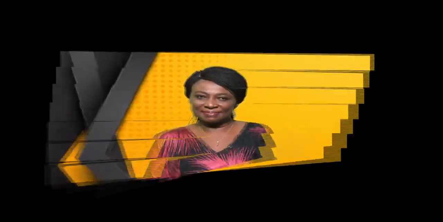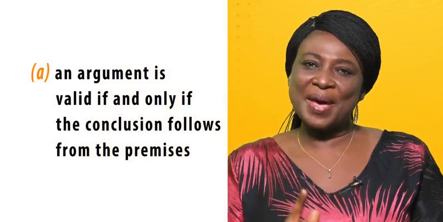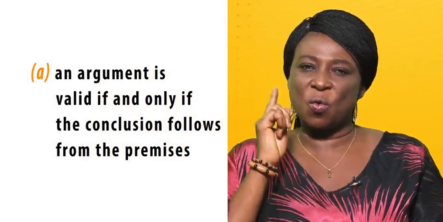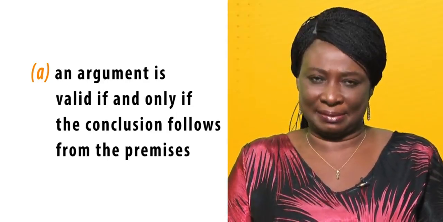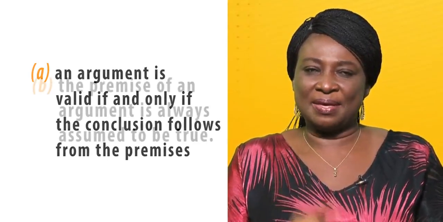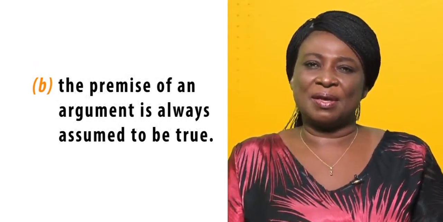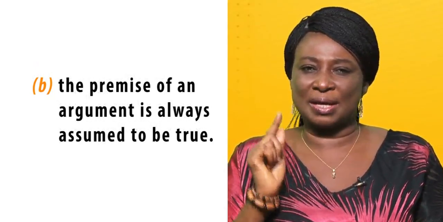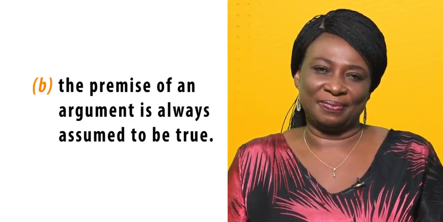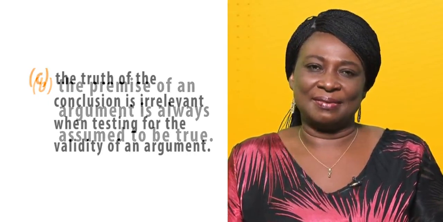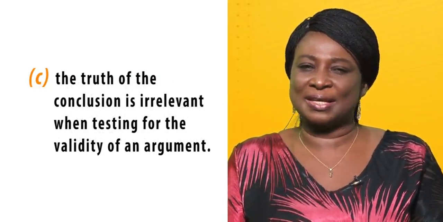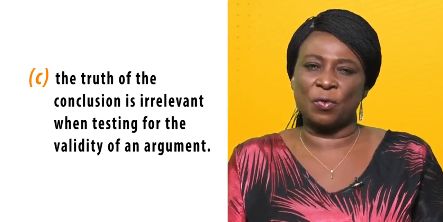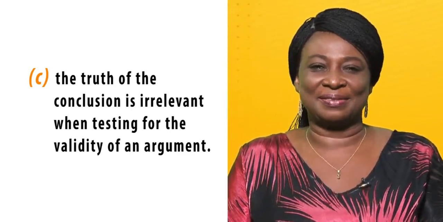In this lesson, we have learned that A. An argument is valid if and only if the conclusion follows from the premises. B. That the premise of an argument is always assumed to be true. C. We have also learned that the truth of the conclusion is irrelevant when testing for the validity of an argument.